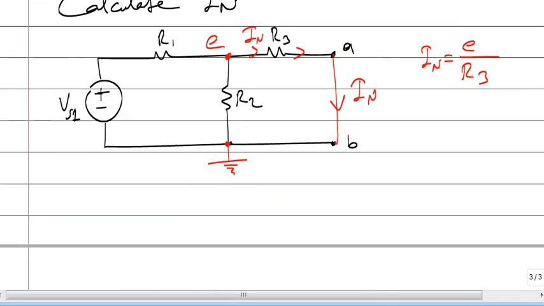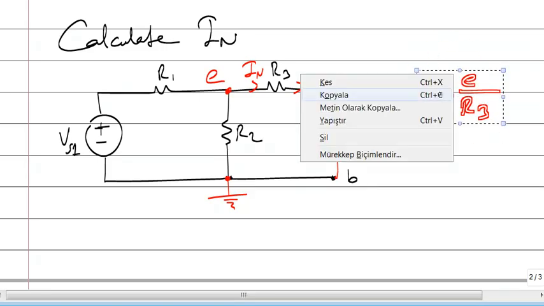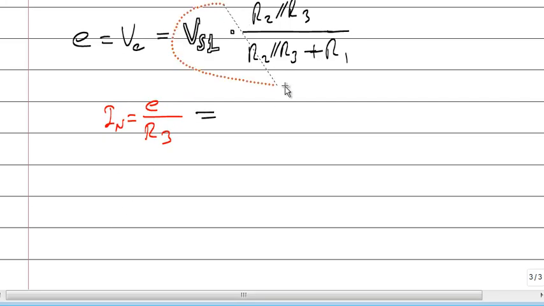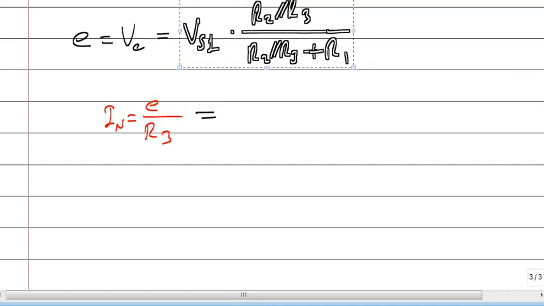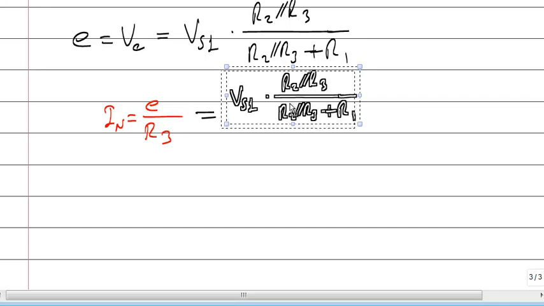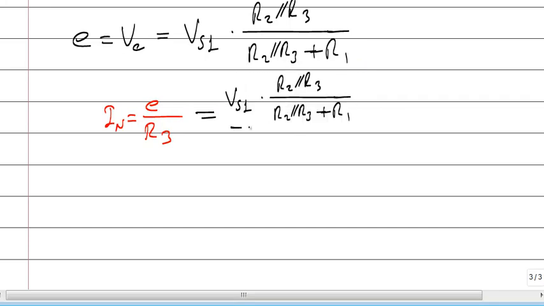So what was I Norton? I Norton is E divided by R3.